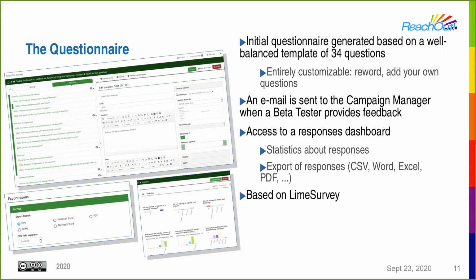When the beta tester provides feedback, the campaign manager will receive an email. It's also possible to access all the responses through a dashboard, with statistics about the responses, like shown here. You can also export all the results in any format you like. The questionnaire itself is based on a third-party software called LimeSurvey, which we've integrated in the beta center.